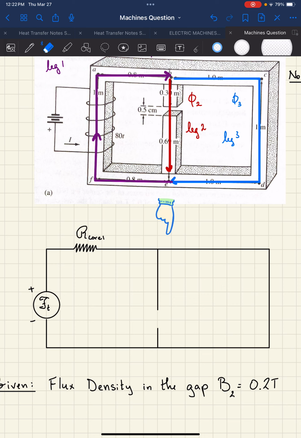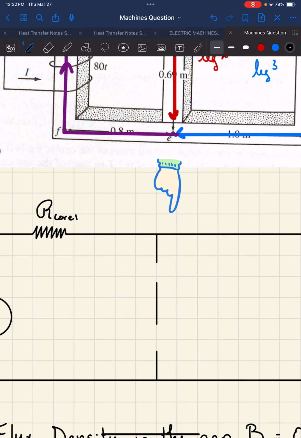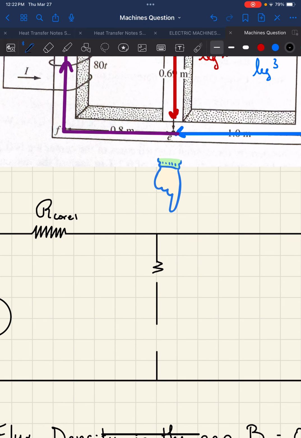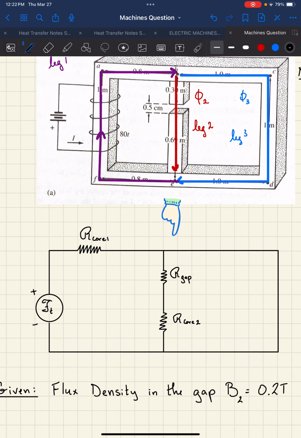So there will be a reluctance associated with the gap. The way you notate that in the circuit is you have one resistor here for the reluctance of the gap, and this one is the reluctance of core 2, or you can call it leg 2. The current that flows in here is the same as flux phi 2.